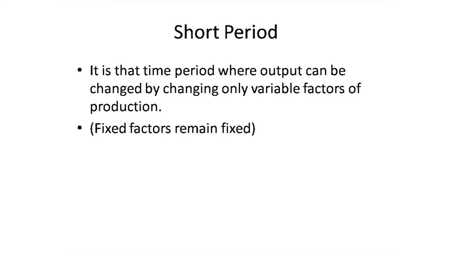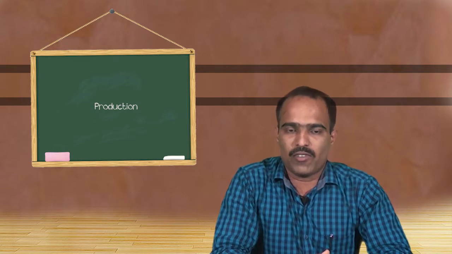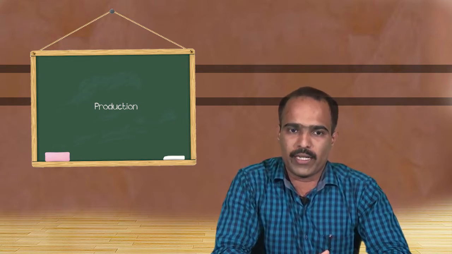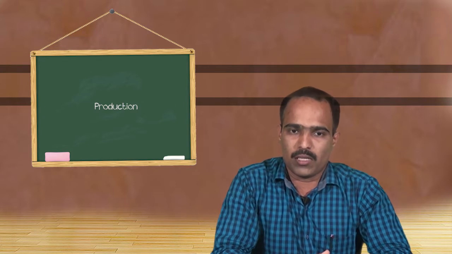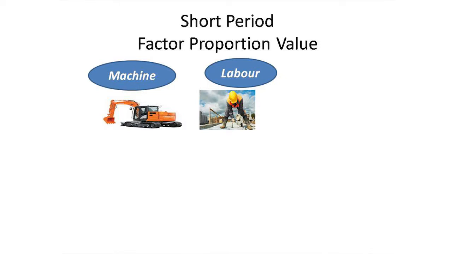So in the short period, if you look at the slide, you will come to know how the output is varied by the producer. If the producer wants to produce one unit of the commodity, he will use one input as a fixed input and another input as a variable input. In the first case, when the producer is required to produce the first unit of the commodity, he will use machine as a fixed factor of production and labor as a variable factor of production. For the first unit, only one unit of machine is used and one unit of labor is used by the producer.